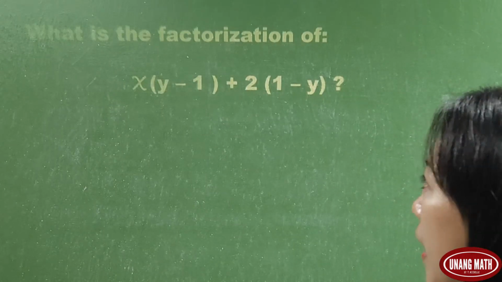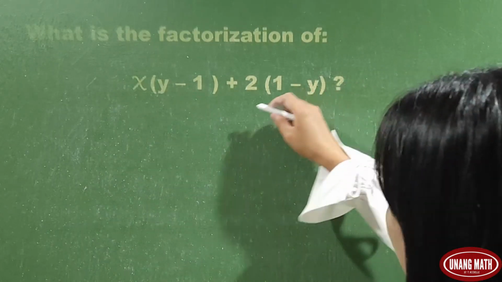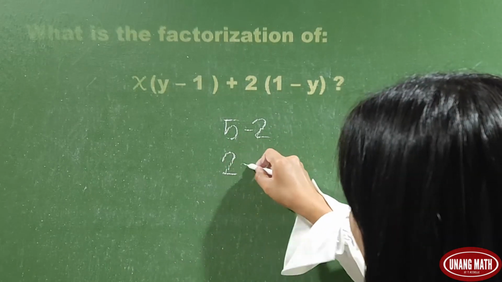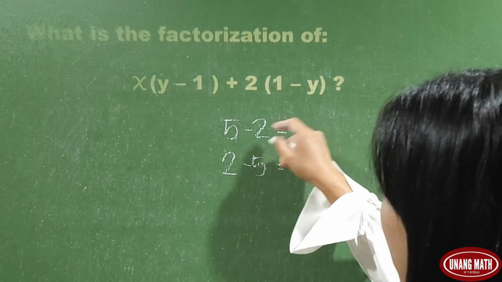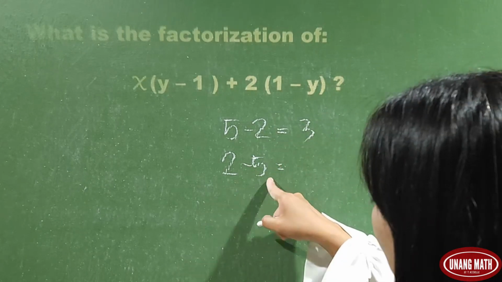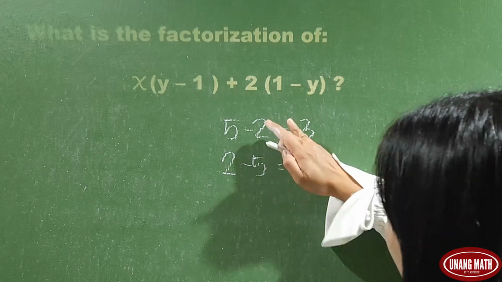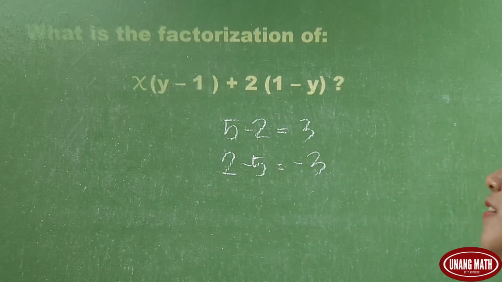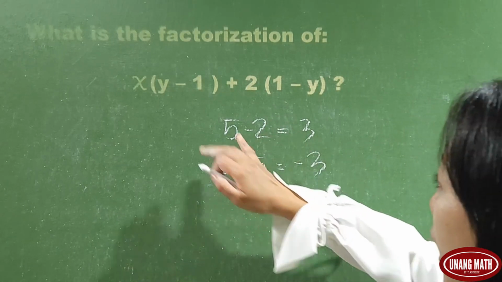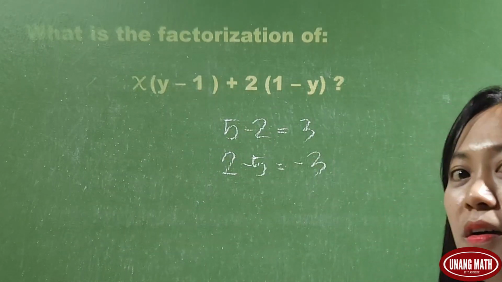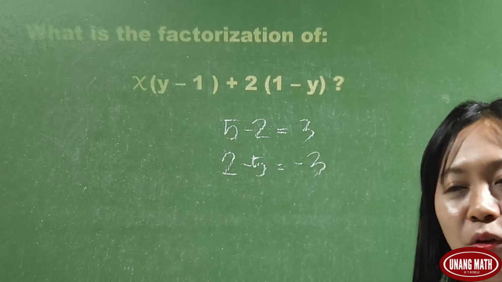Why? Because let's say 5 minus 2 and 2 minus 5. 5 minus 2 is 3. 2 minus 5 is negative 3. So these are not equal. So at first look, we cannot find a common factor.